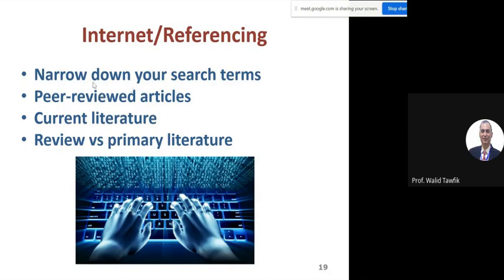Internet referencing: of course, when I introduce some references, there are thousands of references which may cover one subject, but we have to narrow your search terms by selecting special keywords which you will use in your technique, and the relation between these keywords and the variety of other techniques which have been used before.